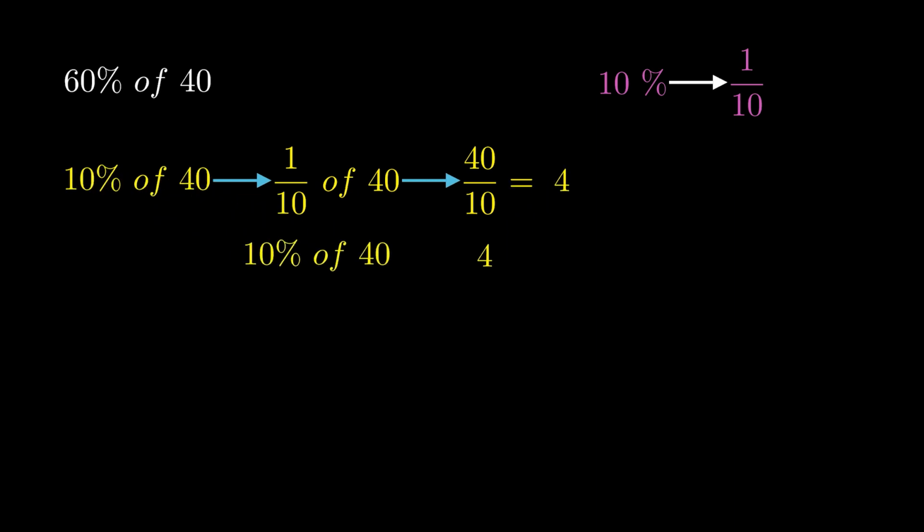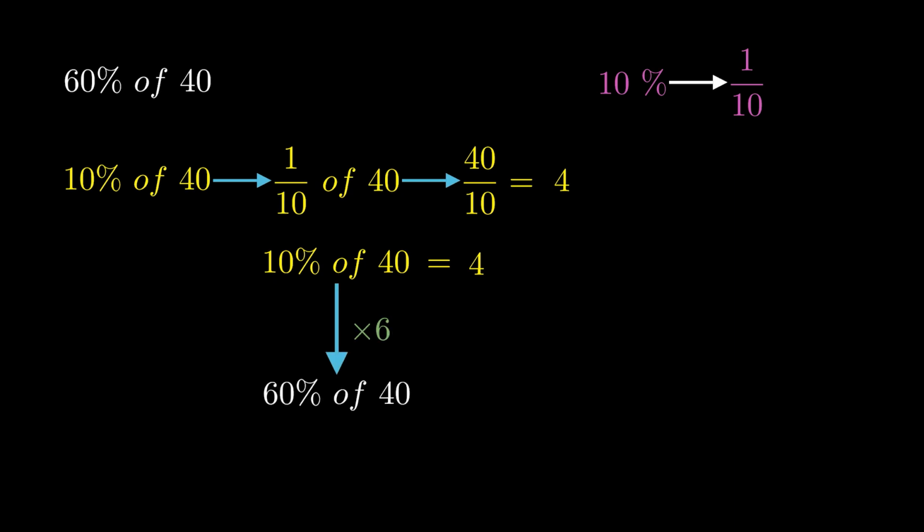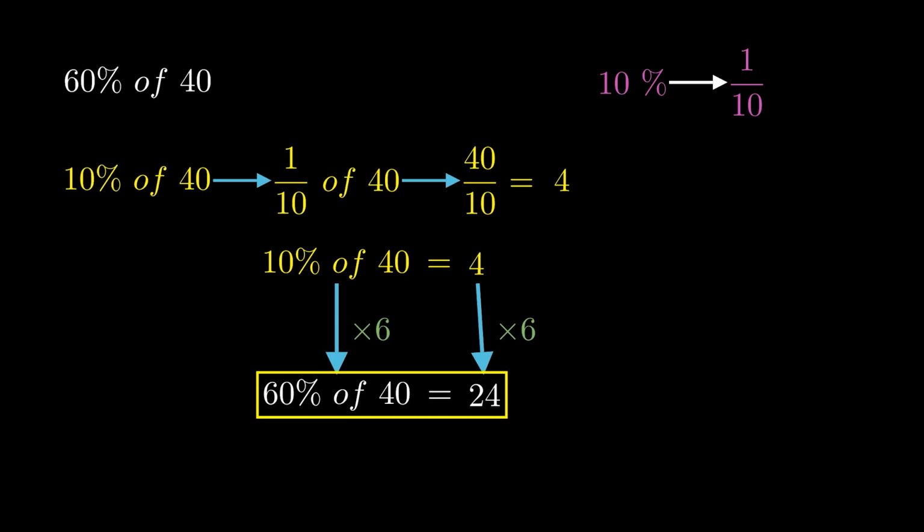And what do you want to find out? 60%, that is nothing but 6 times. So if 10% is 4, 60%, that is 6 times, is going to be 4 sixes are 24. So 60% of 40 is going to be 24. Again, the same procedure. First we identified what is 10% of 40, that is 4, and then we identified 60%, that is nothing but 6 times 4, which is 24. So by this logic, we can do any number.